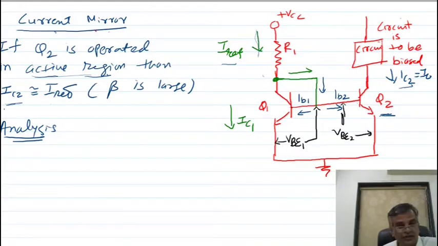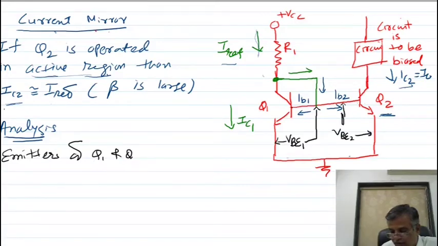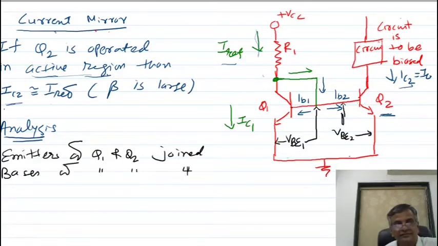The emitters of Q1 and Q2 are joined, and the bases of Q1 and Q2 are joined.